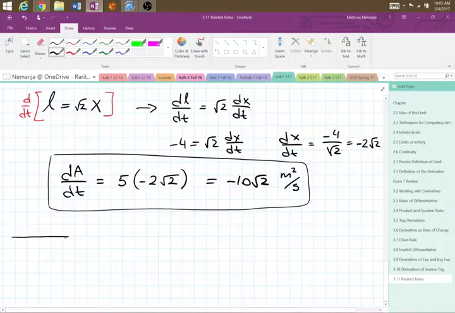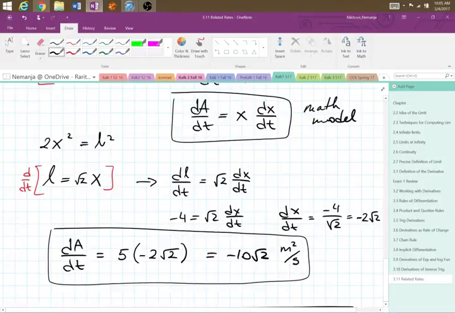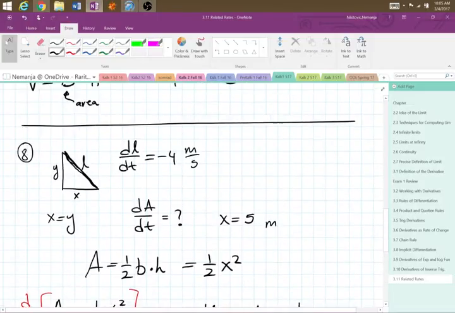Now, in your textbook, this particular problem was given regarding 2 airplanes on a collision course. One airplane is going this way, the other airplane is going that way, and they're on a collision course at the same height.